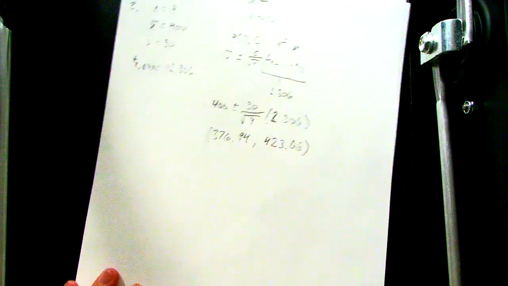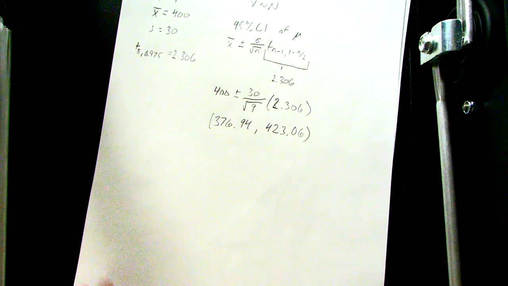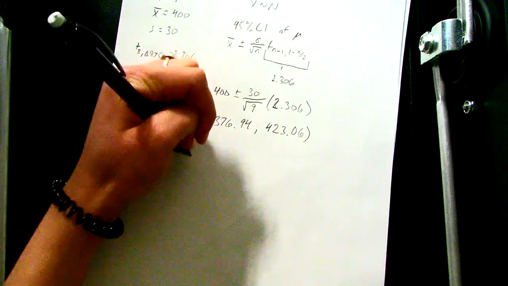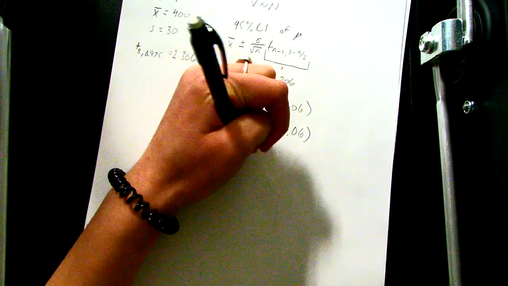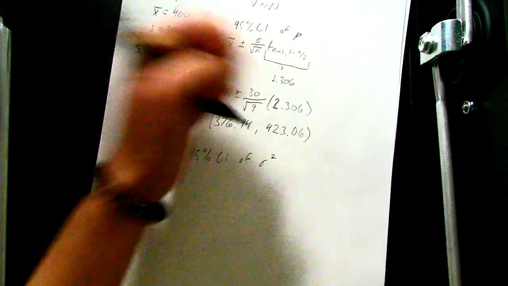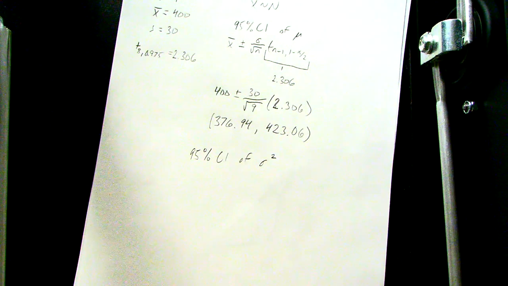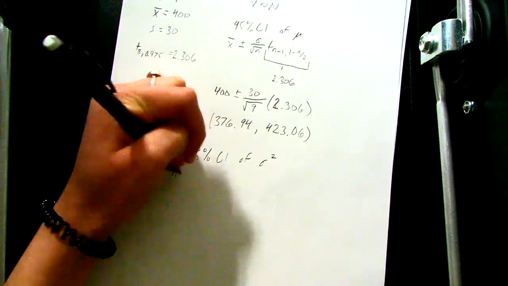Next, we want to do our 95% confidence interval about the variance. And our formula for that is as follows.